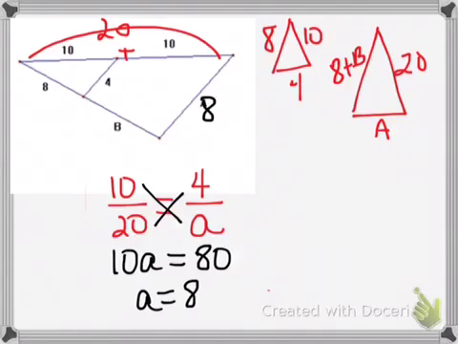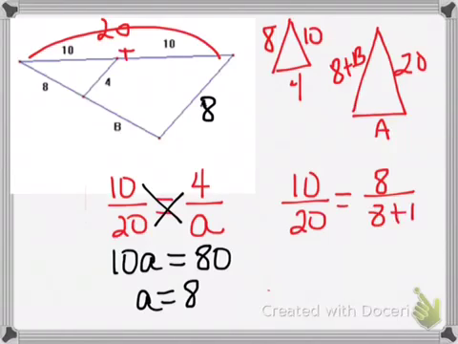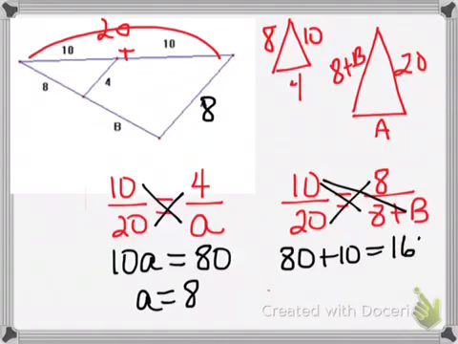Now the next thing I want to do is find B. So I could say, again, 10 over 20, because those are corresponding sides, equals 8 over 8 plus B. And I need to solve. So I'm going to cross multiply. That gives me 10 times 8 is 80, and 10 times B is 10B, equals 20 times 8, 160.